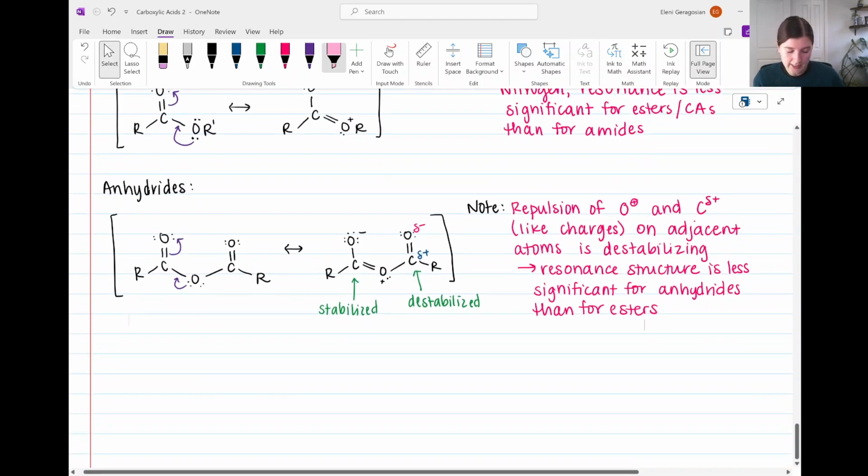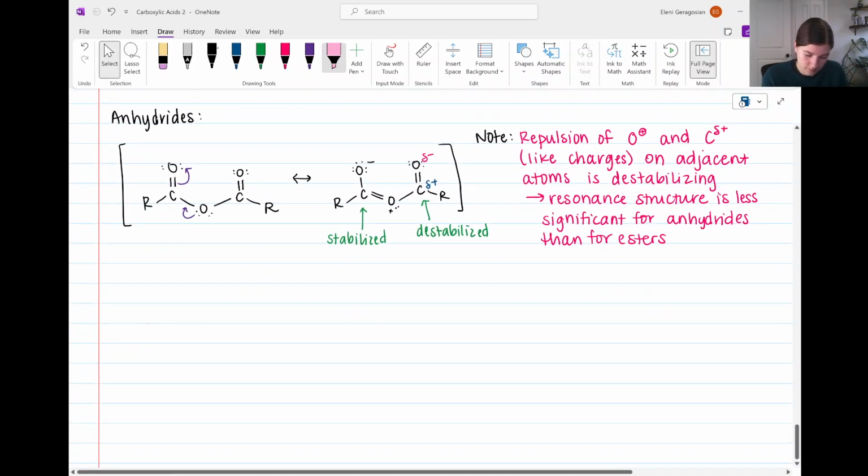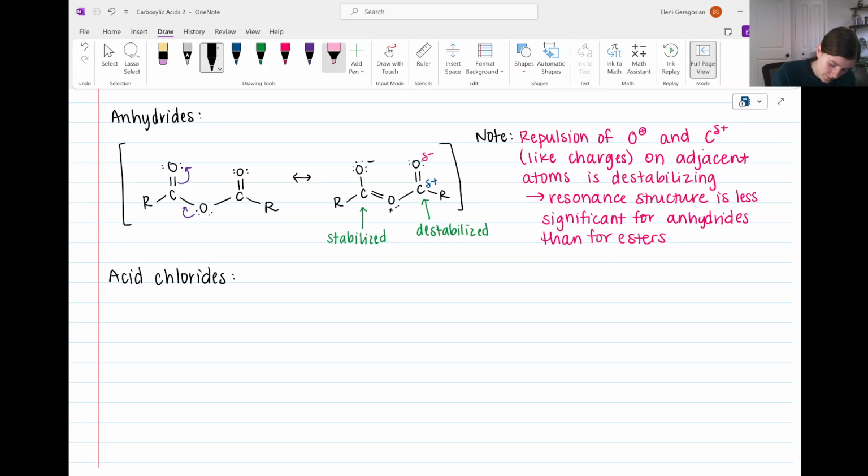Okay, now let's look at our last group, the acid chlorides. Drawing resonance again, we have acyl group, carbonyl carbon bonded to a chlorine.